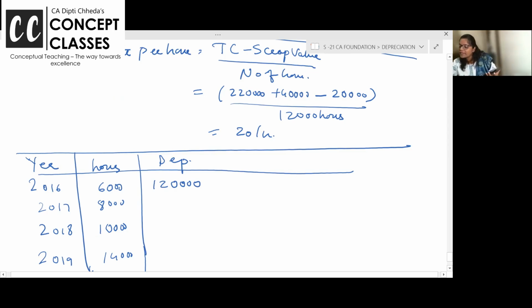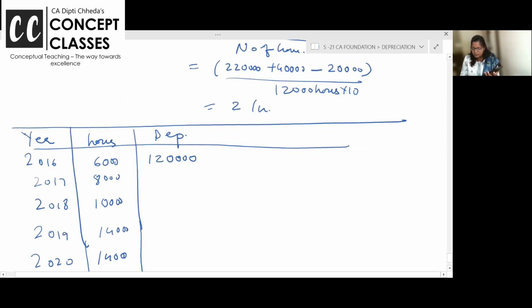Useful life is 10 years and 12,000 hours each year. So divide by 1,20,000 hours. So the total number of hours of life of the machine is 1,20,000 hours, and 2 per hour.